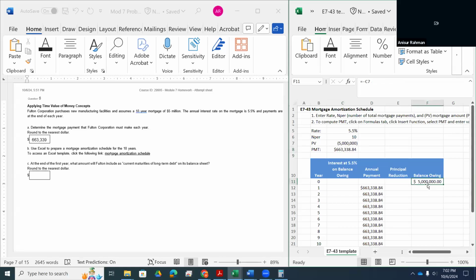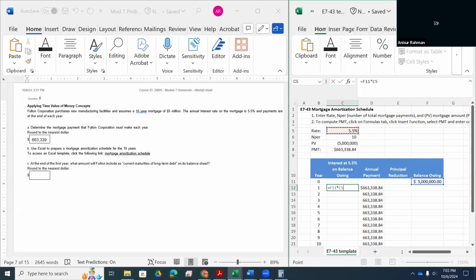And this is how much balance the company is owing. Now, at the end of first year, we have to calculate interest at 5.5% on balance owing. How much is the interest? So I have to select the balance multiplied by this 5.5%. And then I will lock this cell.